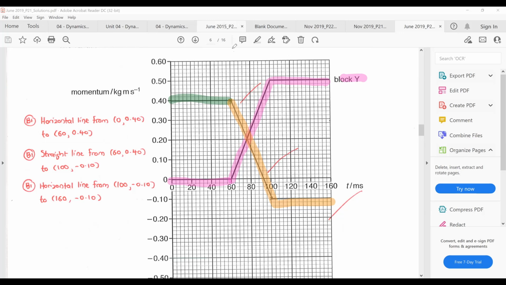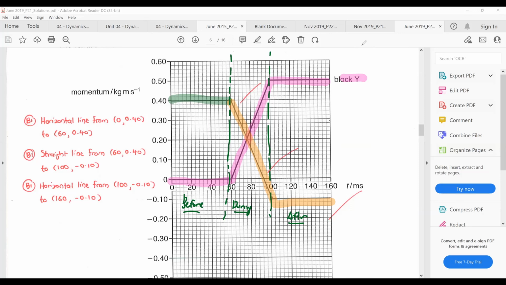Now, the key here is this. Let me just divide it out for you. You will agree that if I draw these lines here, this is before collision, this is during collision, and this part here will be after collision.